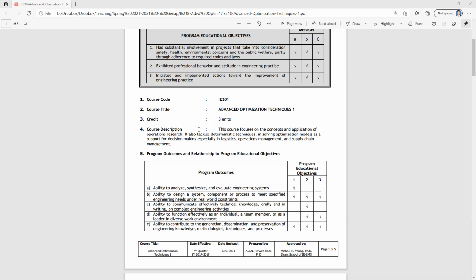But anyway, the problems will be mostly deterministic, in which several parameters and variables are simplified so that they are assumed to be known in advance. Later, I will cover more detail about that.